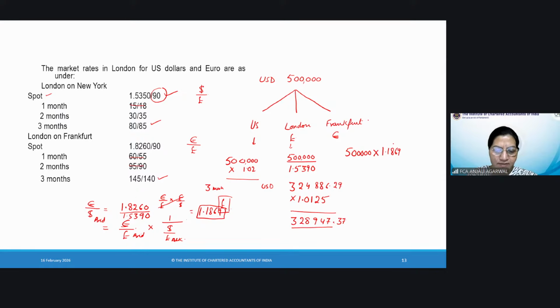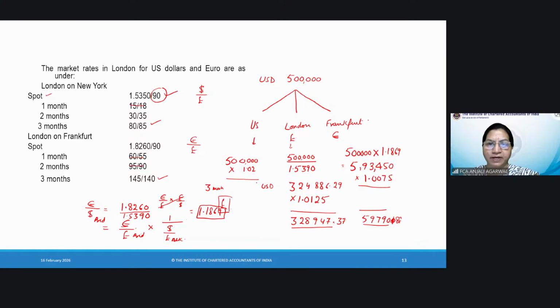So this will become 593,450 euros to invest, and with interest of 1.0075, you end up getting 597,900, or 900.87.